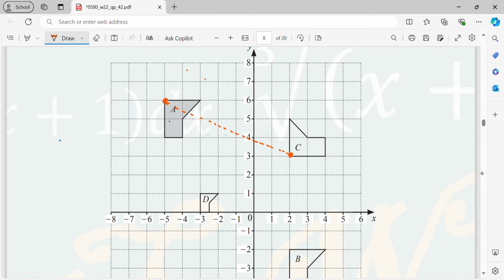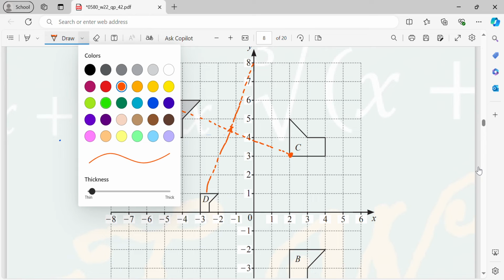After that you get the midpoint, roughly here, and then you draw the perpendicular bisector. Perpendicular bisector means a line that passes through the midpoint. Then the next step is to get a few points.